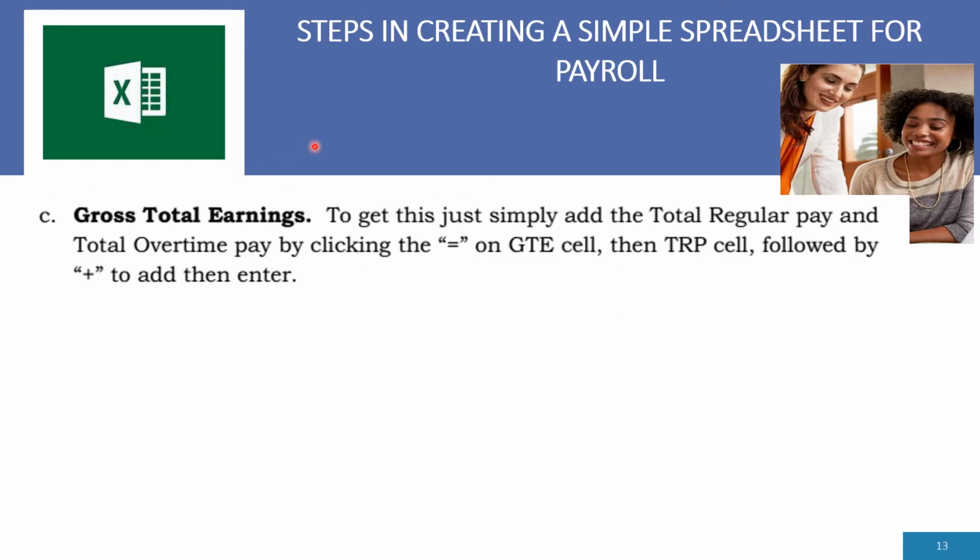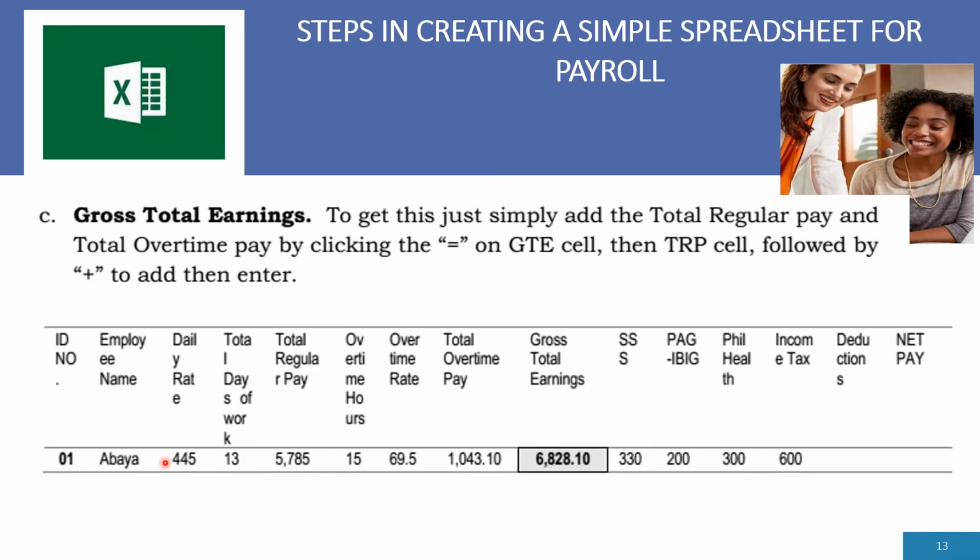On the next step, you're going to compute for the total gross earnings. To get this, simply add the total regular pay and the total overtime pay by clicking equals on the GTE cell, then click the TRP cell followed by plus and then enter. So this is how to do it.